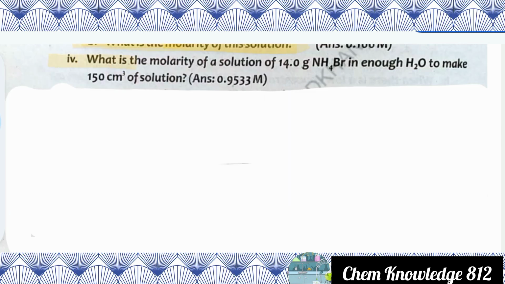Number 4 is, what is the molarity of solutions of 14 gram of ammonium bromide in enough water to make 150 cubic centimeter of solutions? The answer is 0.9533 molar. So you can say we have molarity.